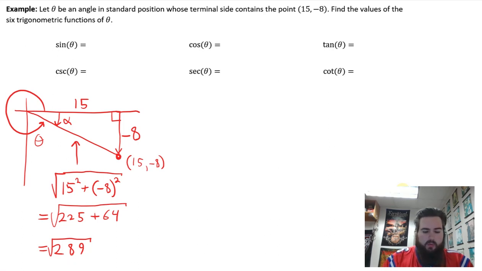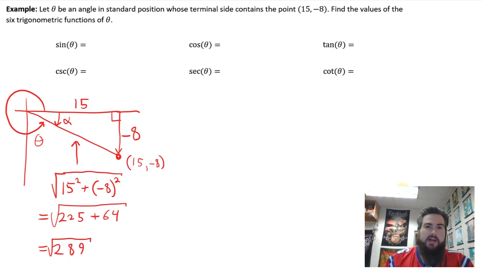So, with this triangle now in mind, where I know the adjacent side to the angle measure alpha, the opposite side of alpha, as well as the hypotenuse being the square root of 289, I now can say what sine, cosine, tangent, and the reciprocal functions of theta or of alpha would be in this case.